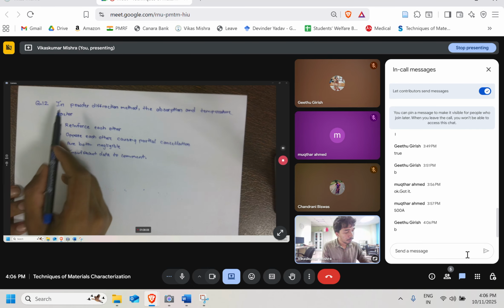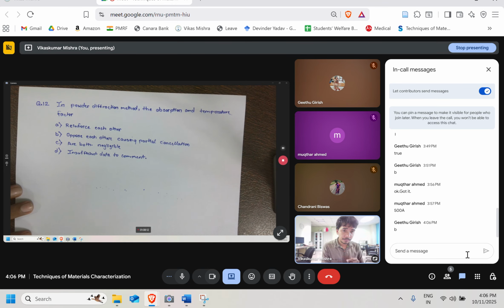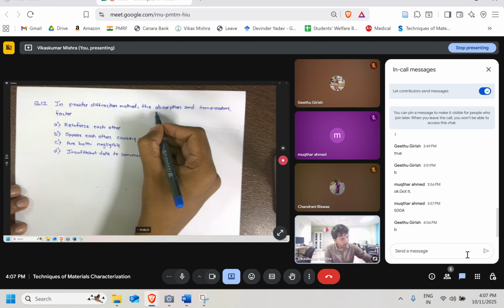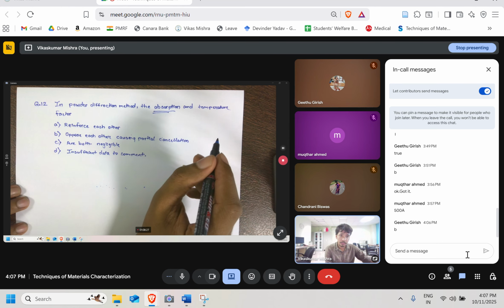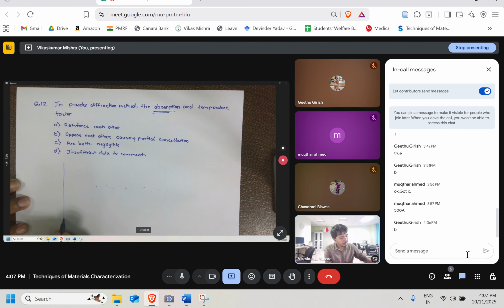This part is on important effects on matter: the absorption and the temperature factor. This part has been covered in the class. The absorption, we know that. Again, we are talking from the cylindrical specimen perspective, let us say.